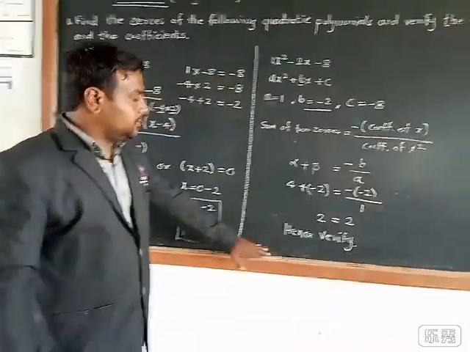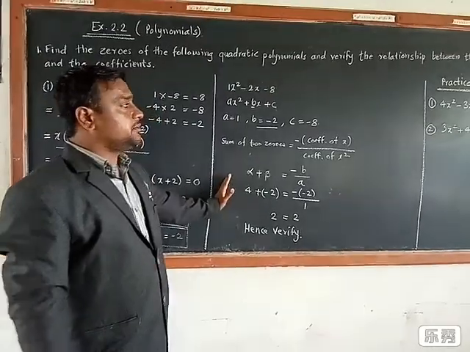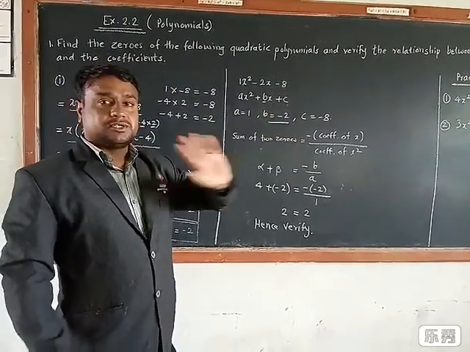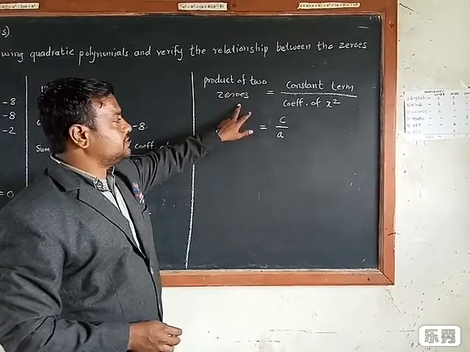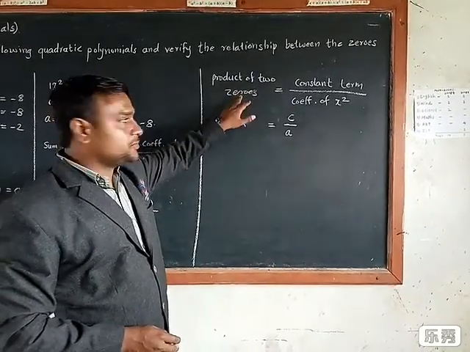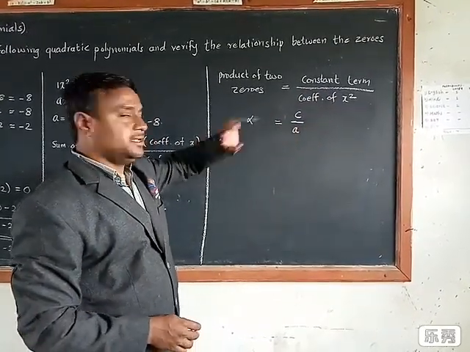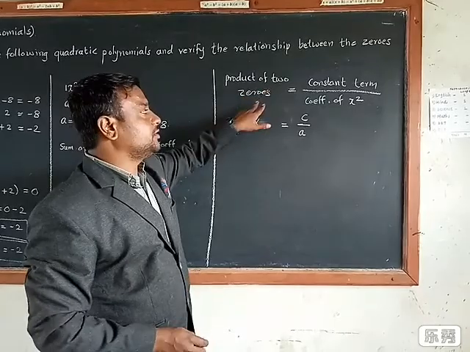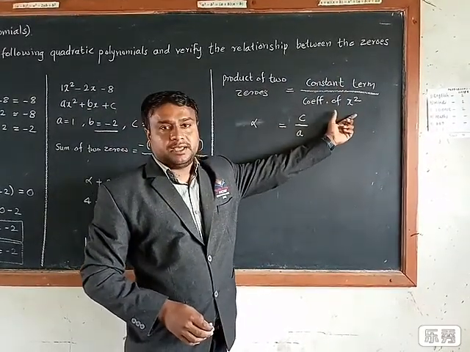Now we have to find the product of two zeros, the relationship between the product of two zeros and the coefficients of the quadratic polynomial. As we learned in the last videos, the product of two zeros is equal to the constant term divided by the coefficient of x square.